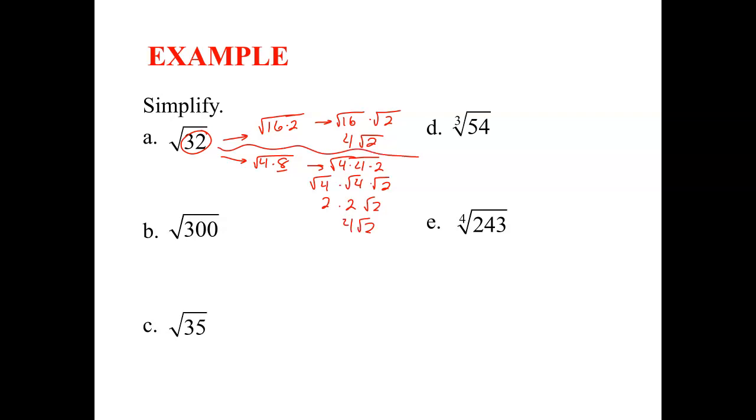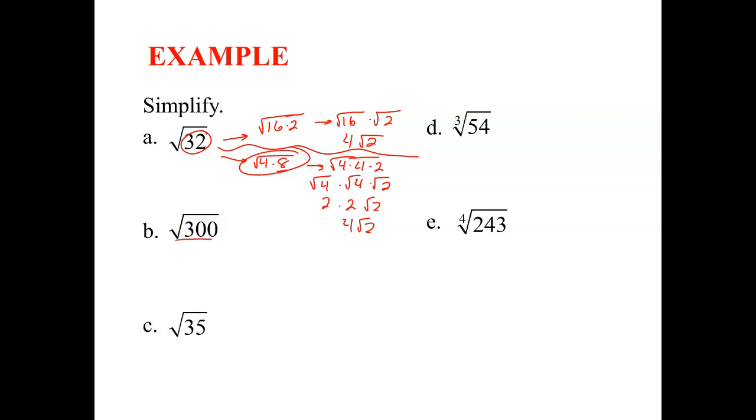Either way is fine. If you can find the biggest factor that's rootable, then it's going to be faster. But if not, we'll just have a couple extra steps to get there. But make sure that you simplify it completely. Don't stop at 2 square root of 8, because 8 has a rootable factor. So it needs to be simplified as well.